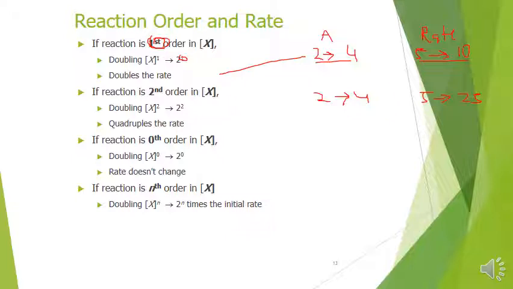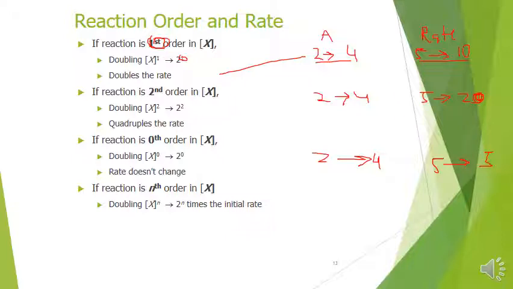So in the previous value, we doubled the A, and the rate went up by 4. Sorry, it goes up by 4. And if the reaction is zero order, if you change A, the rate will stay the same.